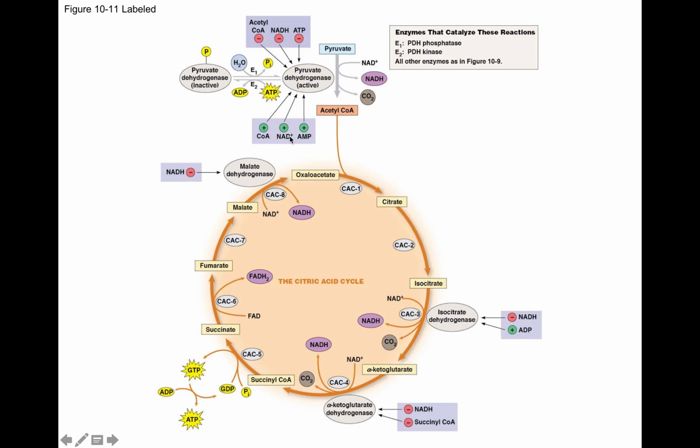Whereas CoA, NAD+, and AMP, which are byproducts of breaking down acetyl-CoA, NADH, or ATP, if you have those breakdown products, that means that you don't have much ATP, NADH, or acetyl-CoA around, and so you would want to stimulate this pathway. So those are stimulatory, okay? And the same sort of thing applies to different parts of the citric acid cycle.